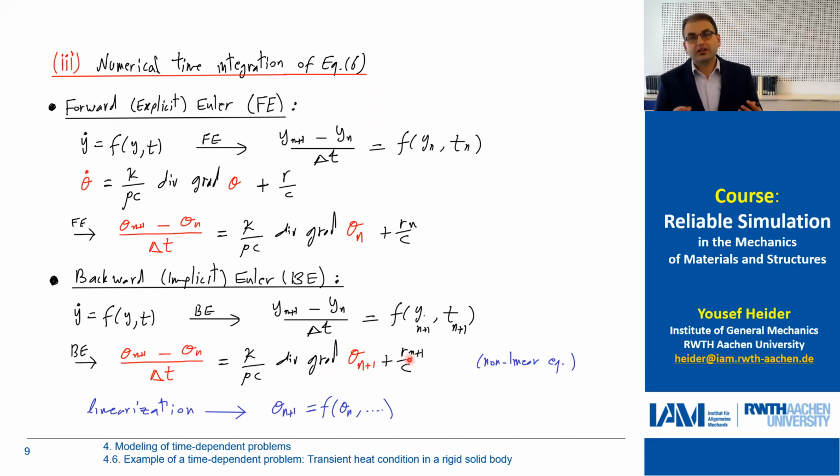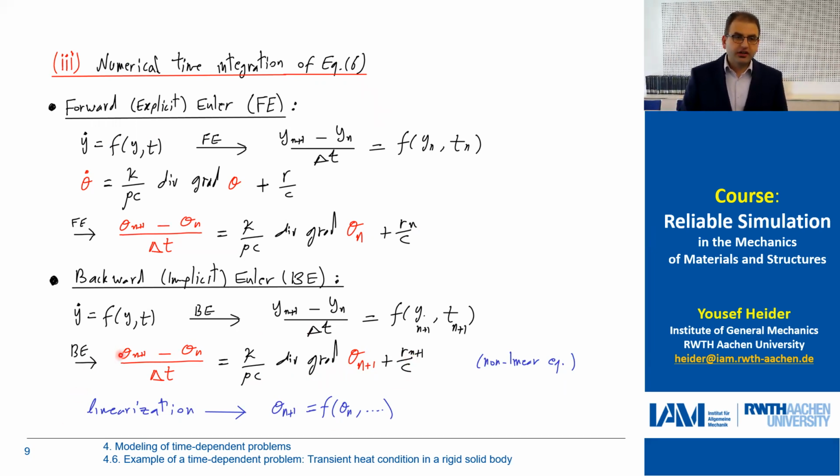As you see, it is a nonlinear equation because we have zeta_{n+1} on the left-hand side and also on the right-hand side. So we need to linearize this equation in order to get an explicit relationship where our unknown is zeta_{n+1} on one side, and on the other side we have known values coming from the previous time step. This is what is connected with the computational constant in our case.